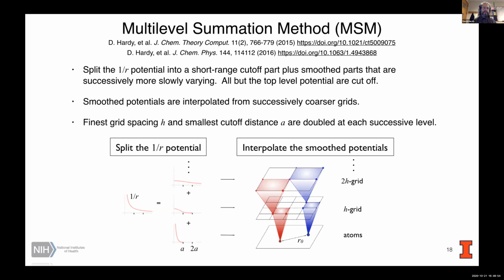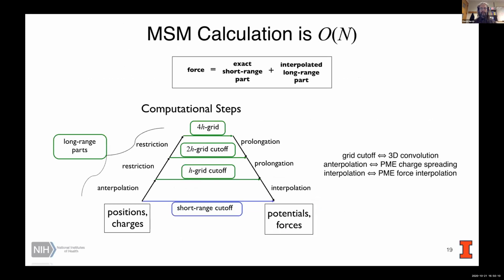And then these smooth potentials are interpolated from successively coarser grids. And so the finest grid spacing h and the smallest cutoff distance a are then doubled at each successive level. So this actually gives us a linear time calculation for MSM.